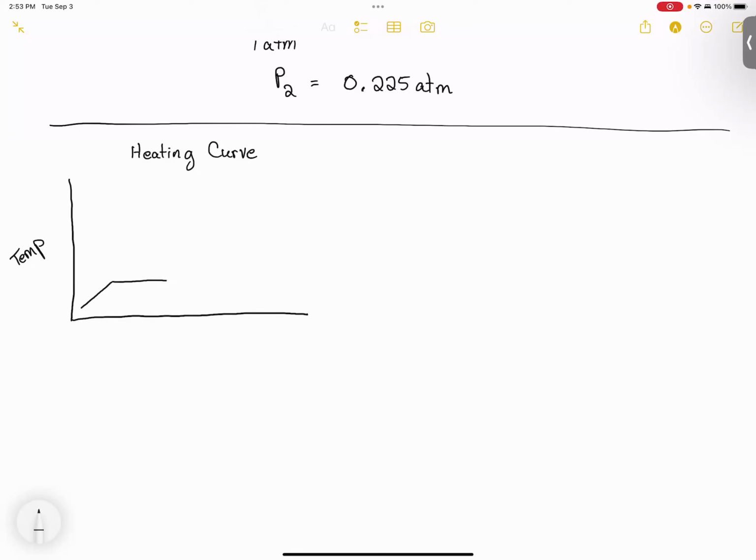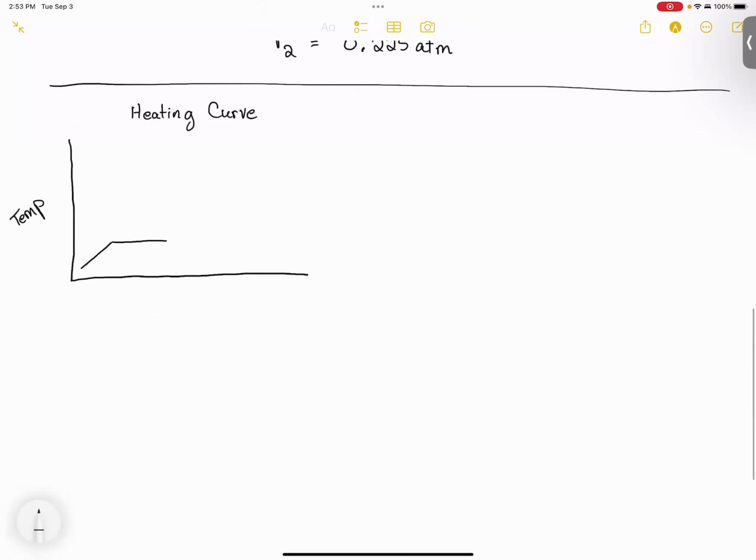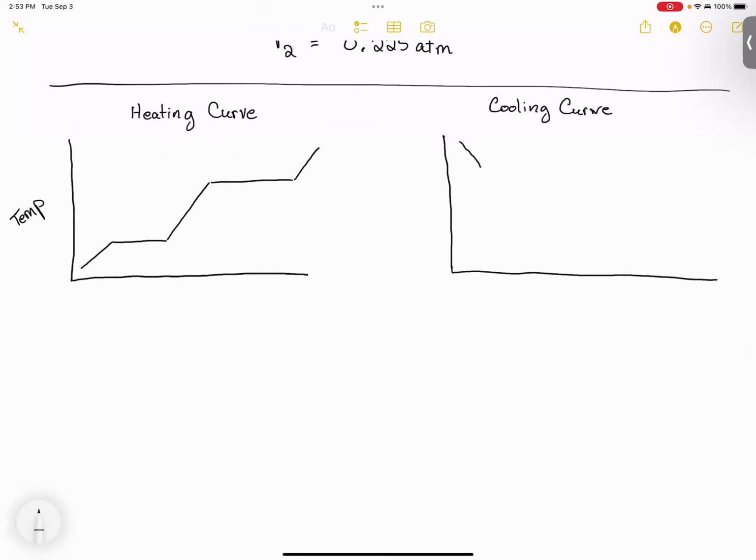We're then going to hit a flat line. It's going to increase again, hit another flat line, and then we'll increase a fifth time. If I'm talking about a cooling curve, it means that the temperature is decreasing. So it would wind up being the opposite.